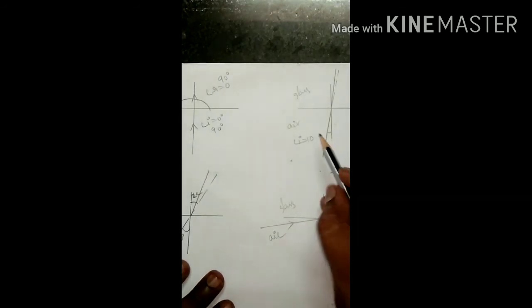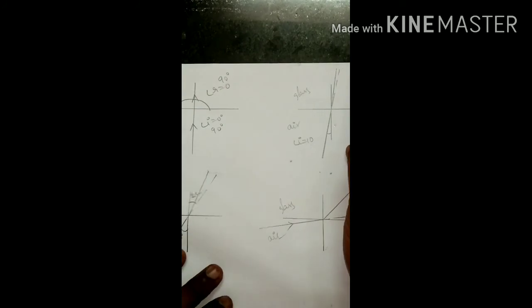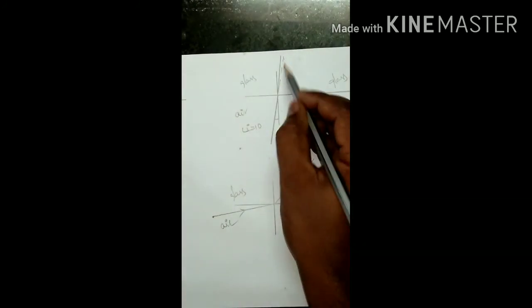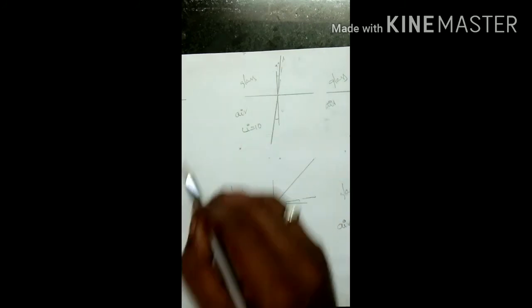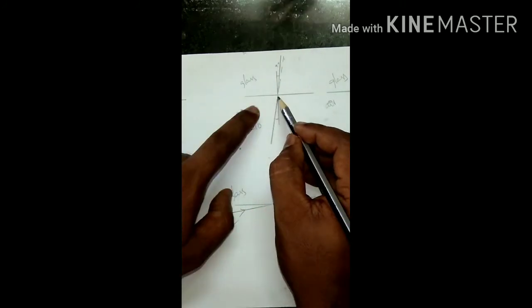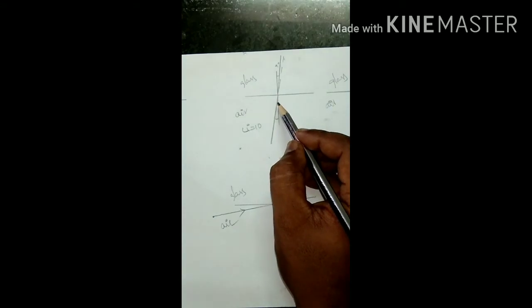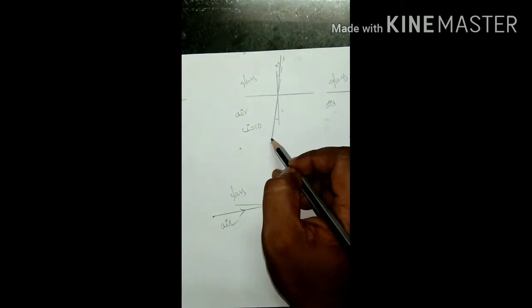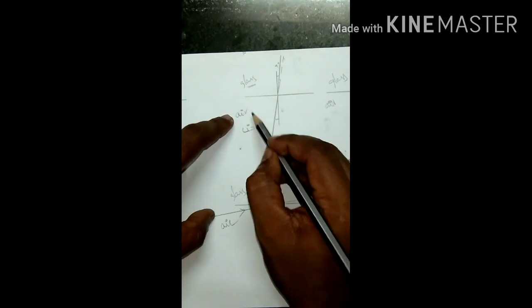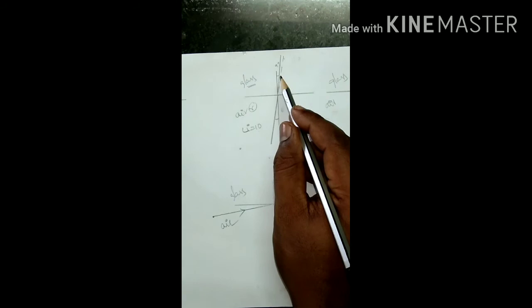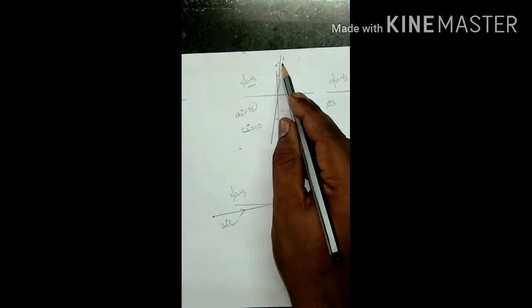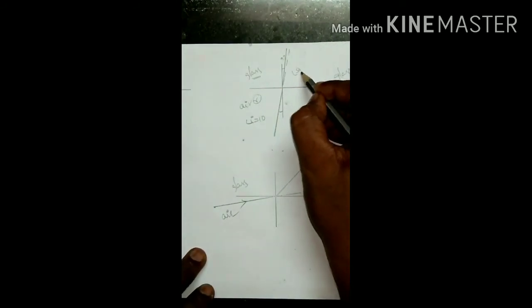Whenever a light ray travels from air to glass, that is from rarer to denser, the angle of refraction is less. Angle r is less than angle i.